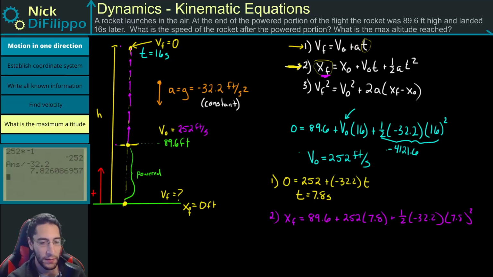And when we crunch these numbers, we'll have 89.6 plus 252 times 7.8 plus 0.5 times minus 32.2 times 7.8 squared. And this gives us a final height of 1,075.7 feet.